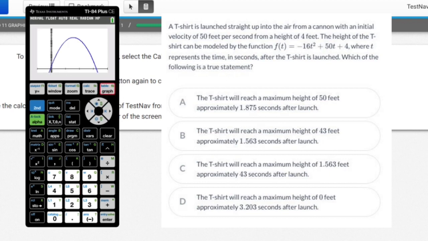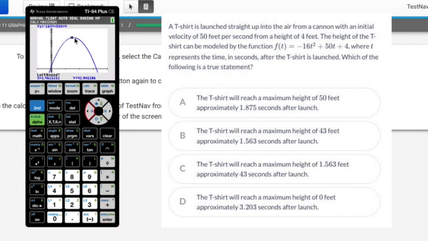There you have it. Now, A says the T-shirt will reach a maximum height of 50 feet at 1.875 seconds. So I need to make sure that whatever this is, it happens at exactly 1.875. This is my maximum, so I'm going to hit second, trace, and go to 4 and hit enter, to calculate my maximum.